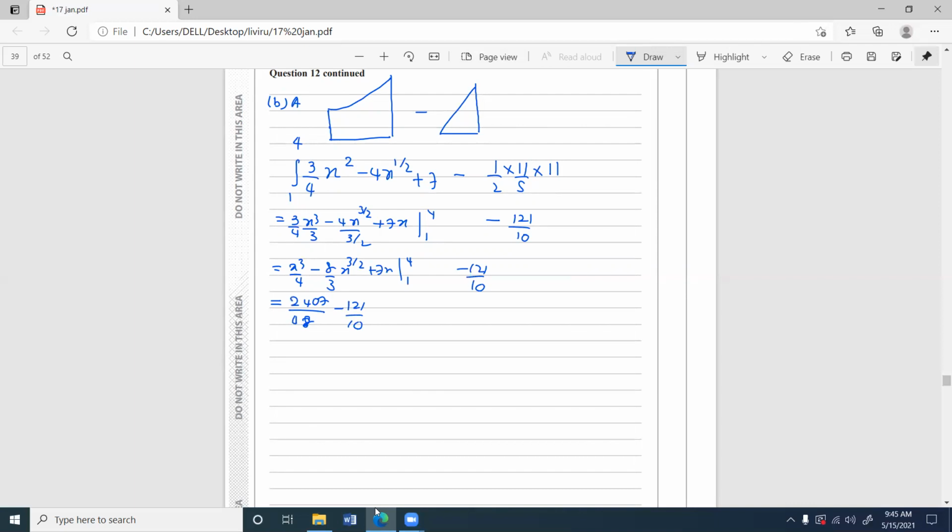That becomes roughly 38.0625, which would be the final answer. That's a way of getting this answer.